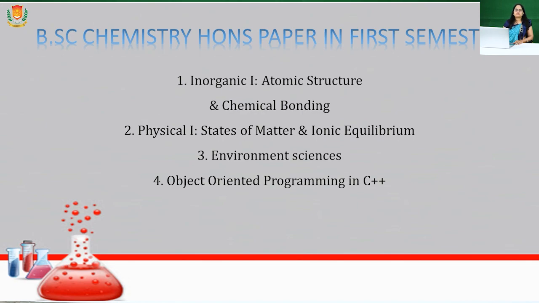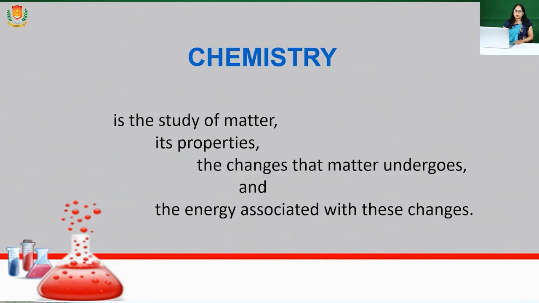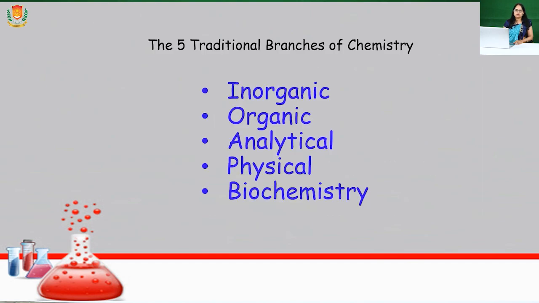Now, before starting the topic, I just want to introduce you to chemistry. Chemistry is the study of matter, its properties, and the changes matter undergoes. What is matter? Matter is a substance which has mass and occupies space.